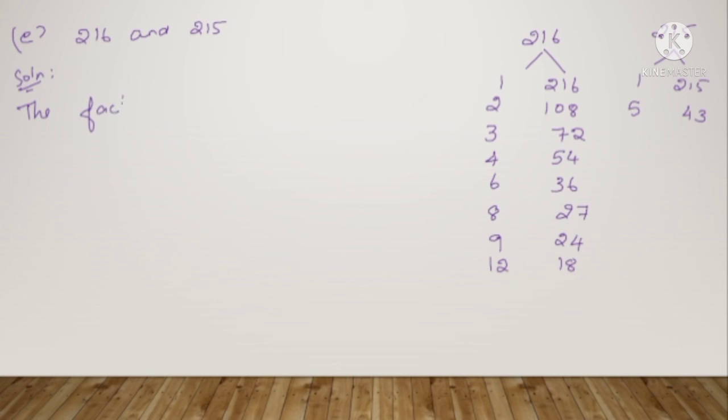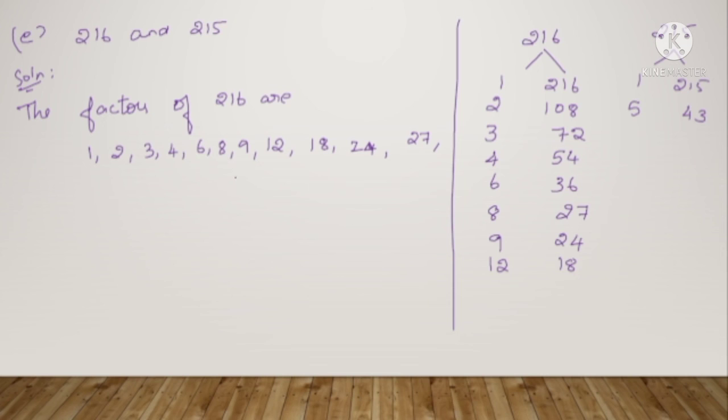So the factors for 216 are 1, 2, 3, 4, 6, 8, 9, 12, and then 18, 24, 27, 36, and then 54, 72, 108, and 216.